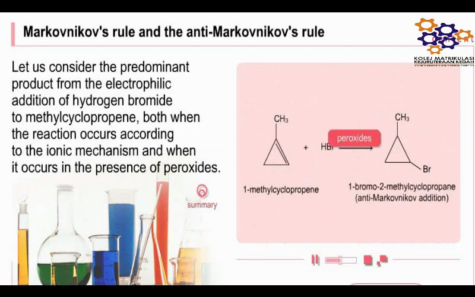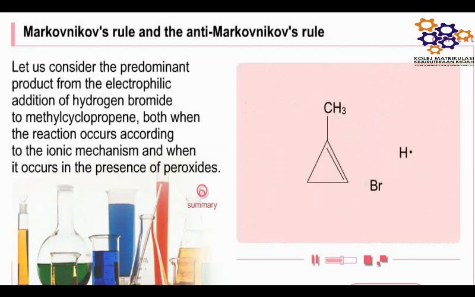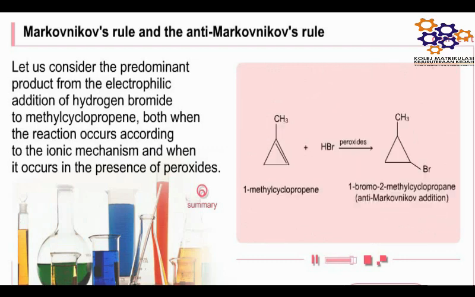In the presence of peroxides, the reaction occurs according to a free radical mechanism. The hydrogen atom of the hydrogen bromide molecule adds to the less hydrogenated carbon atom at the double bond, that is, the carbon to which a methyl group is attached. The product formed is 1-bromo-2-methyl cyclopropane, consistent with the anti-Markovnikov rule.